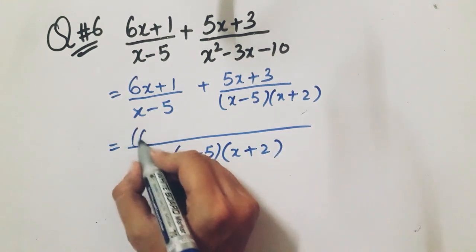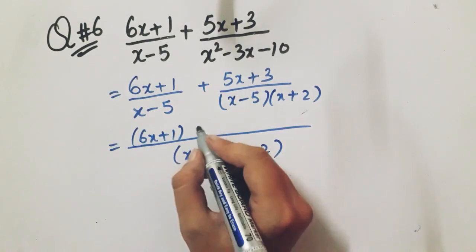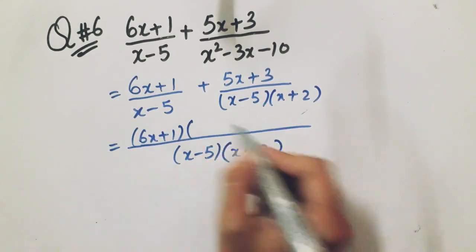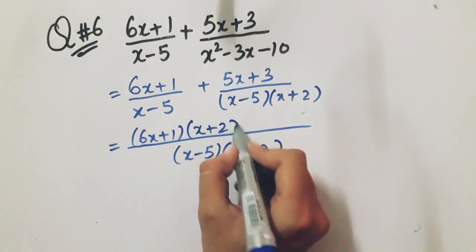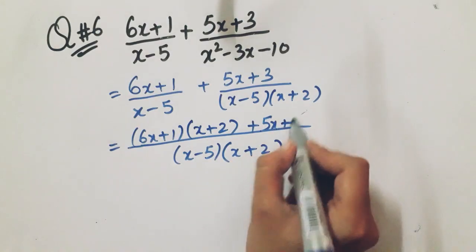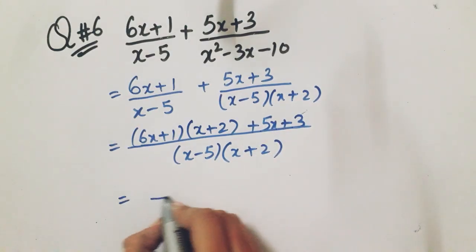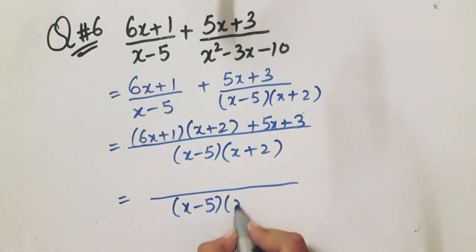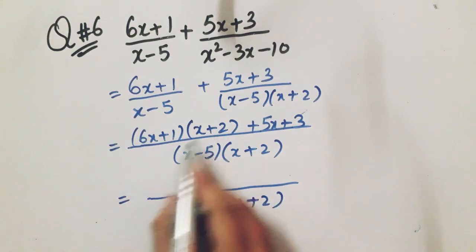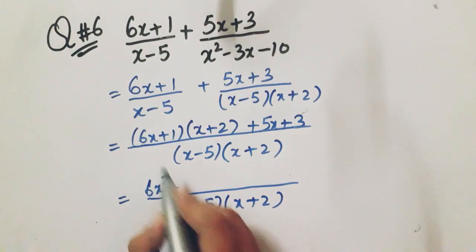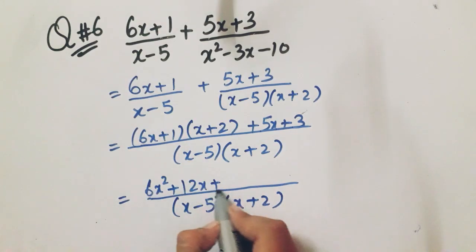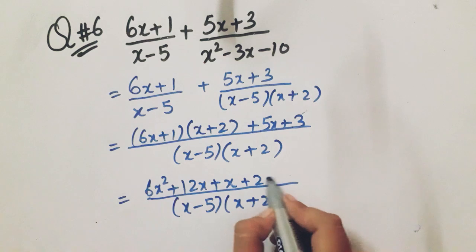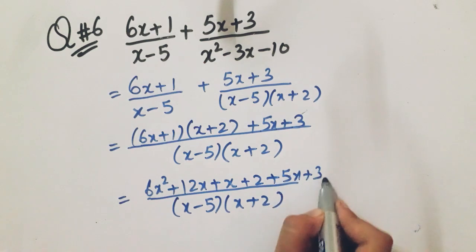And remaining is 6x plus 1 into x plus 2 plus 5x plus 3. Now we will get x minus 5 into x plus 2, and here when we multiply, 6x square plus 12x plus x plus 2 plus 5x plus 3.